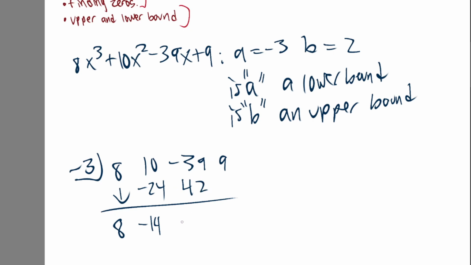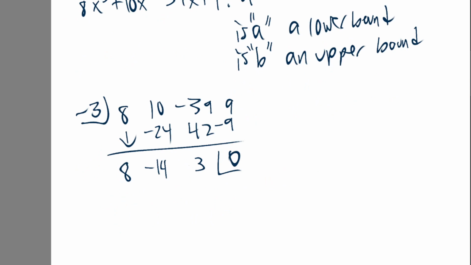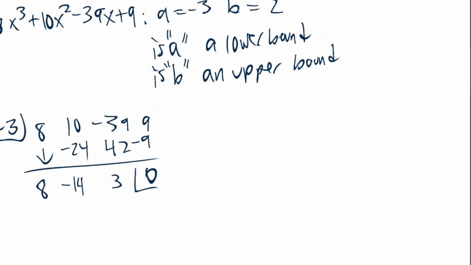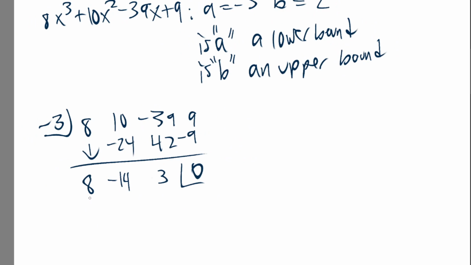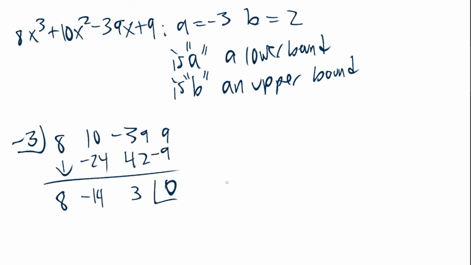So this drops down and gives us negative 3, which gives us positive 9, which will give us 0. Oh, wait, no, positive 3 and then negative 9. My bad. 0. And if it is a lower bound, then the signs here are going to alternate. So we have a positive and a negative, and then a negative to a positive. And so we know that negative 3 is a lower bound.